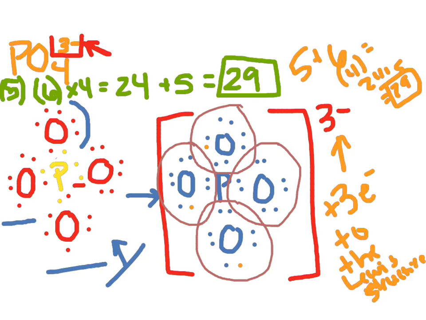So you see how each one, how many are there? If you do 8 electrons times 4, that's 32, right? So if you do 32 minus 29, that gives you 3, right? Where does that 3 come from? The charge. So you know that it's one of those where you have to add 3 electrons.